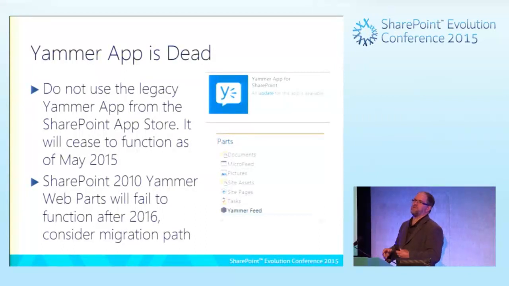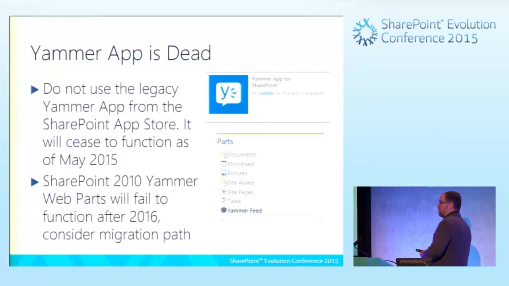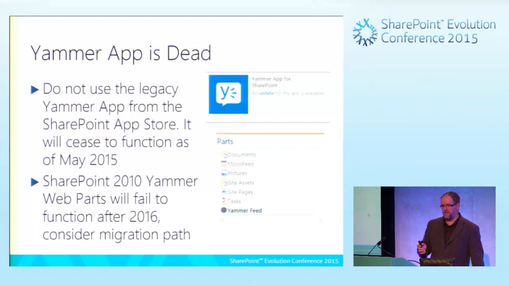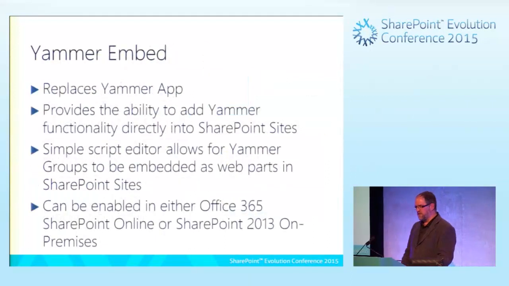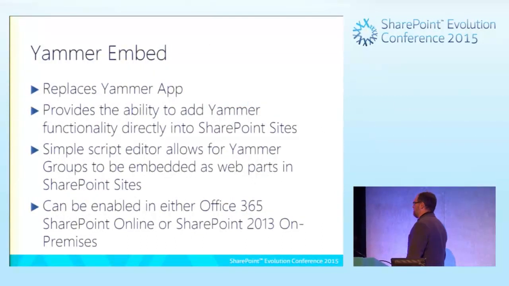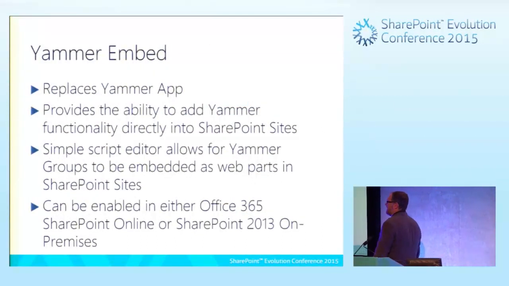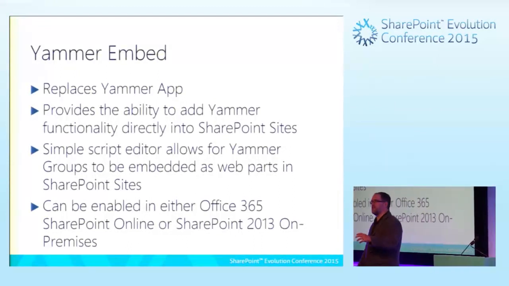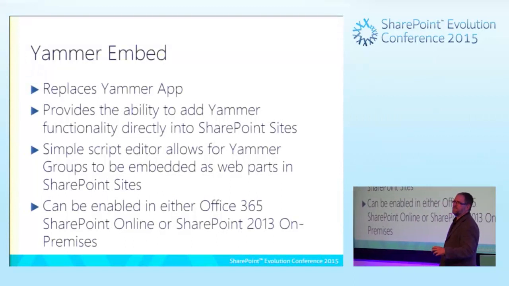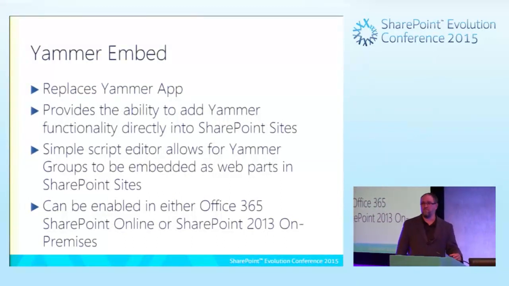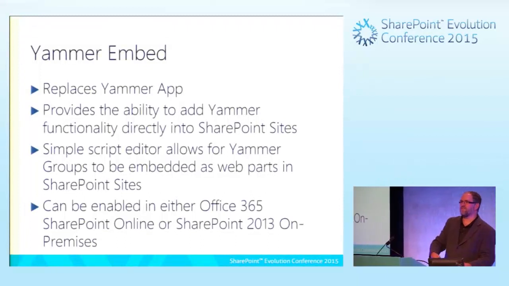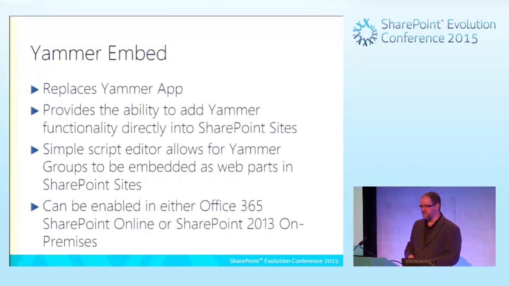If you are using SharePoint 2010 and you're using the web parts that were provided as part of that, they've indicated that those are going to stop working as of 2016. They're essentially going to change to what they call Yammer Embed, which is essentially just a fancy way of saying you can take some embedded code that comes directly out of Yammer and put it directly into a web part in SharePoint, so that the web part pulls that Yammer information and displays it within the site itself.